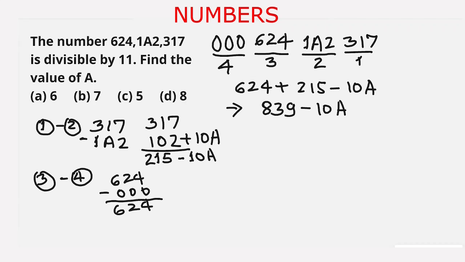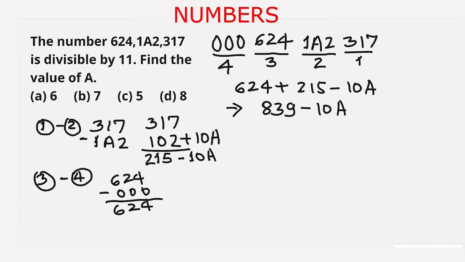If we subtract 50, then it will be 789. 789 is also not divisible by 11. If we subtract 60, then it will be 779. And 779, 11 times 7 is 77, and the remainder will be 9. That is also not divisible by 11. If we subtract 70, then the number will be 769. And 769 is not divisible by 11.